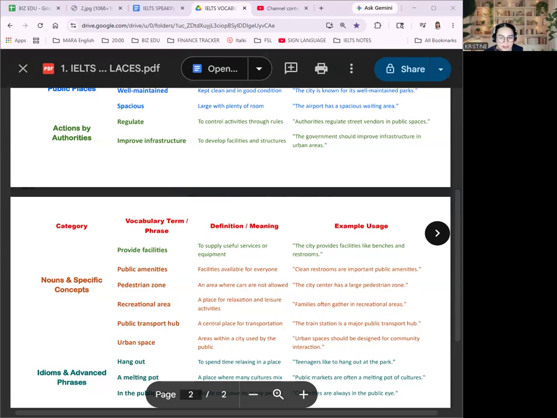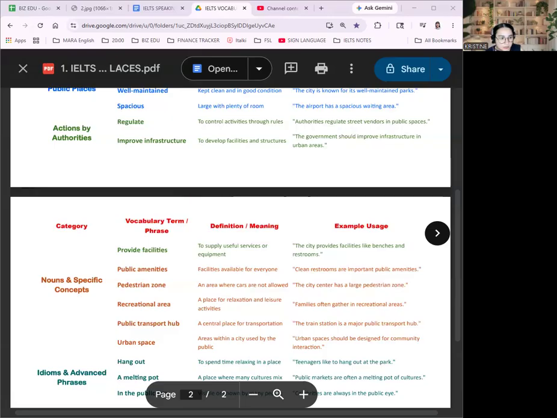Provide facilities: to supply useful services or equipment.